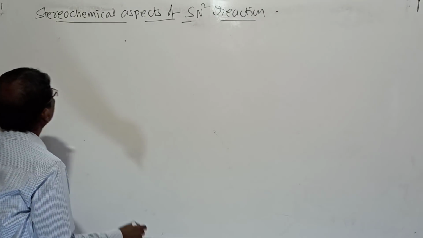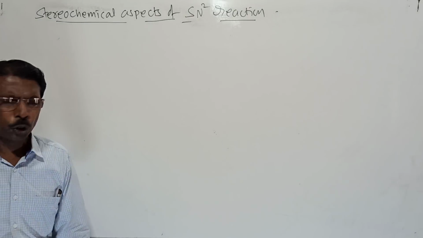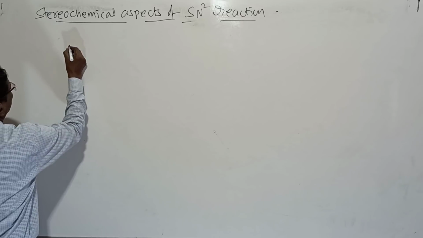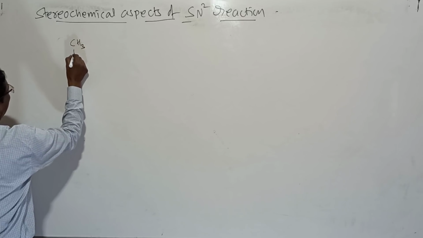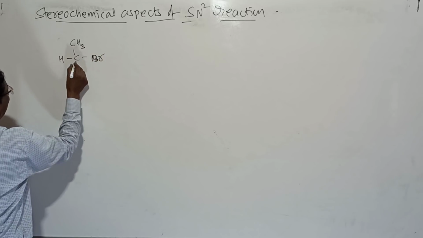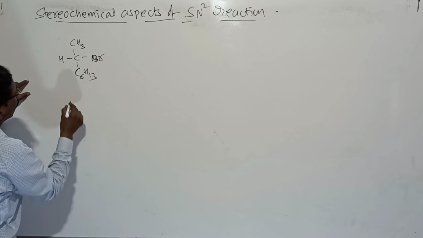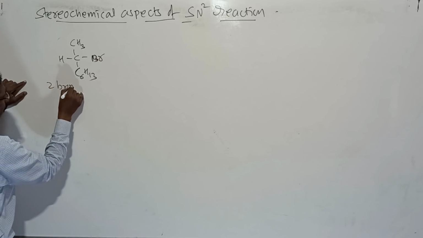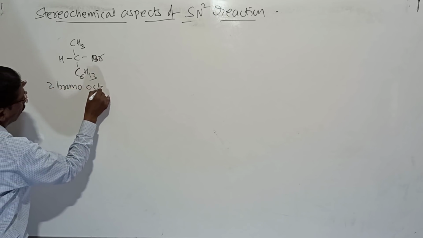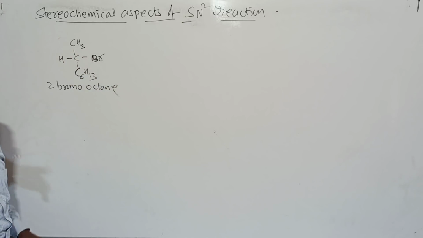In this section, I will write an example of 2-bromo-octane, CH3, C, Br, H, C6H13. Look here, students, it is called 2-bromo-octane.